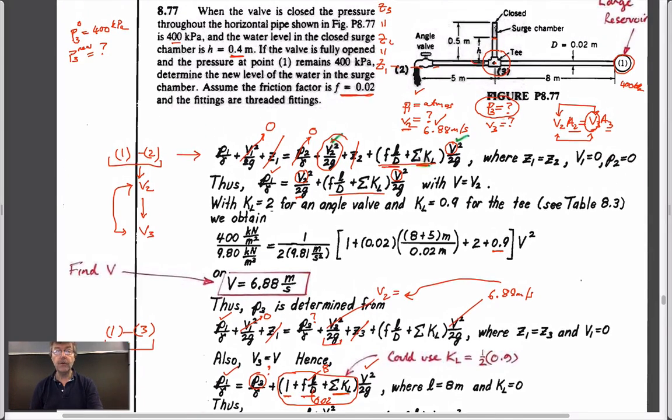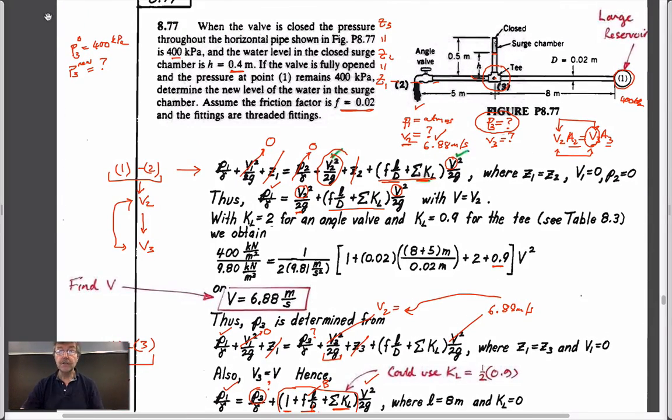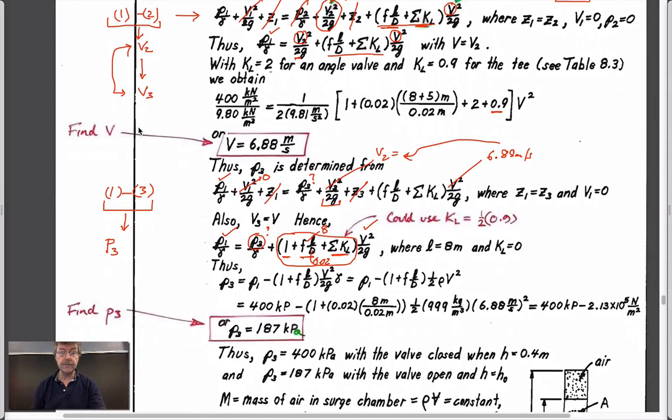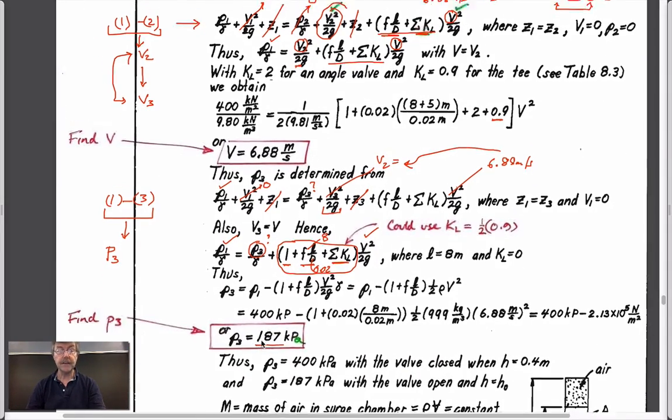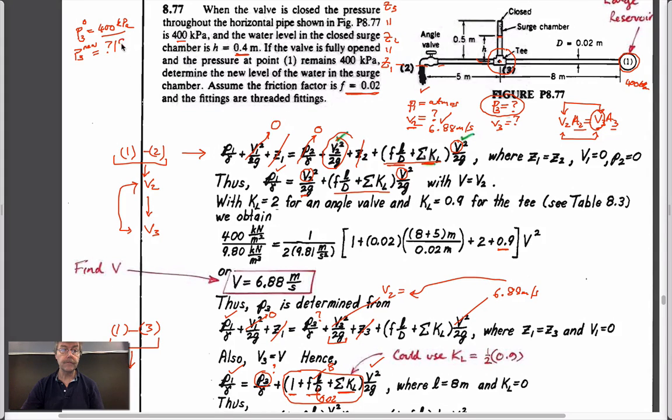So now, if we go back to our picture, we knew originally what the pressure was within this fitting, which was 400 kPa. We now know what the new pressure is, which apparently, if you go through the math, is 187 kPa. And so I imagine if we drew this particular surge tower to scale, then this is point 3.